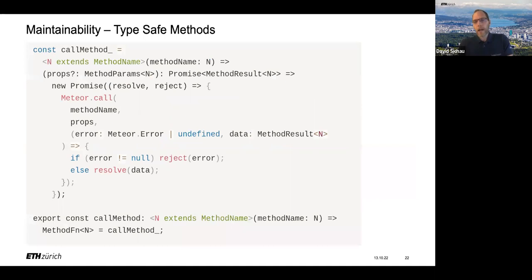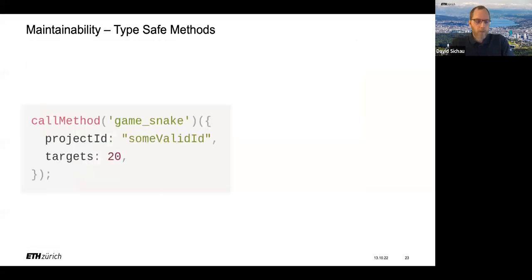And then we have our client code from which we call our method, which is actually just, many people are using just a promise around Meteor call and promisify it so you get a promise back on your client. And with this tooling, you can actually start calling your method from the client with full type support for the method name, which is really important if you have several hundred methods.